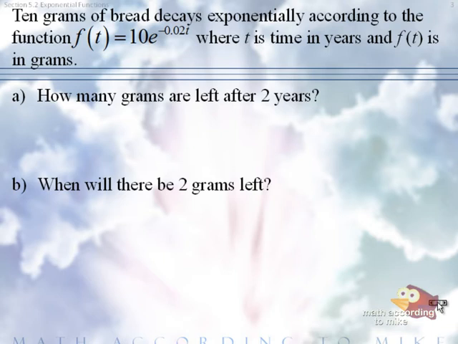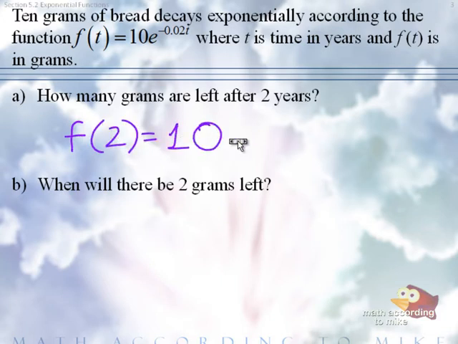To do part A, it's not too bad. All you do is stick in 2 for t, because t is time. By design, you should expect a number that's less than 10 because the bread is decaying. Let's go to 2 decimal places here.